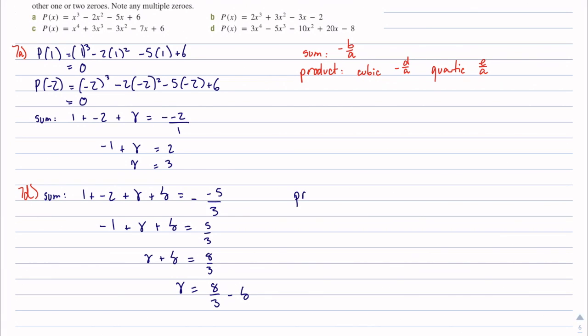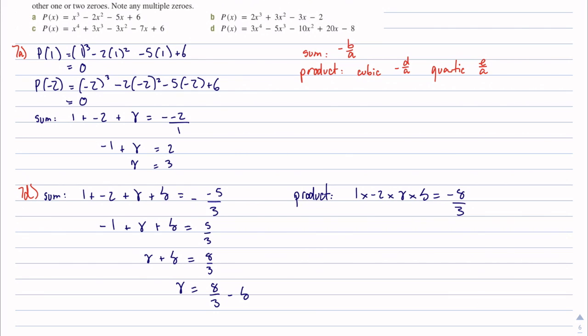Now I'm going to use the product because I haven't found anything out yet. So for a quartic, I know that alpha times beta times delta times gamma, so 1 times minus 2 times beta times delta, equals e on a, which in this case is negative 8 over 3.